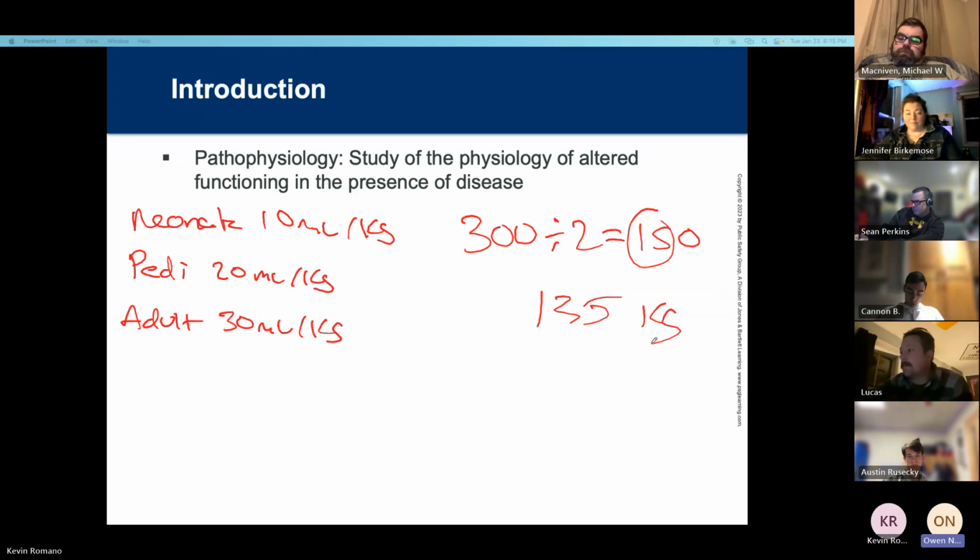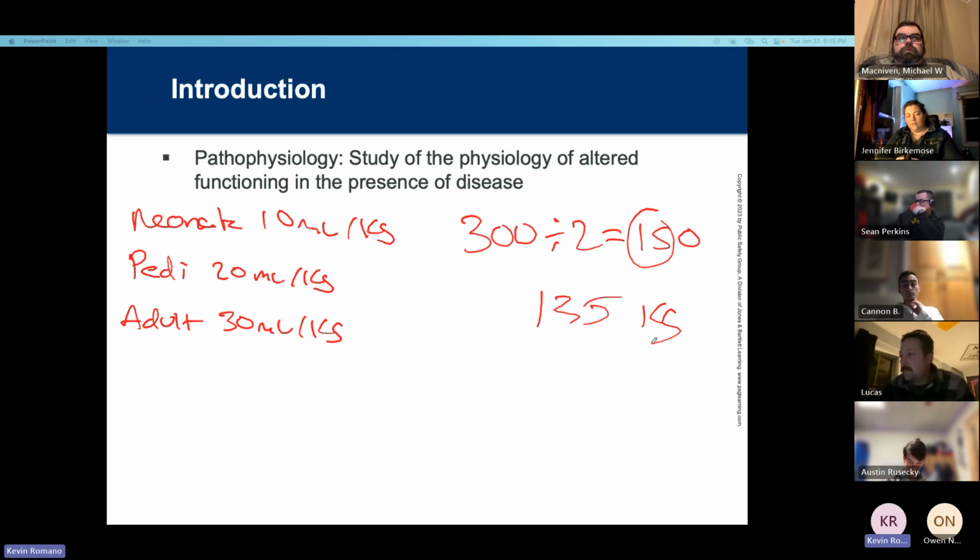So 1 kilogram is not going to make a huge difference unless you're dealing with premature babies and you're doing fluid administration with that. But neonates can be 1 kilogram off, and it's not going to hurt them. Like I mentioned, with preemies, everything is measured, including a flush for them. That's more critical care medicine.